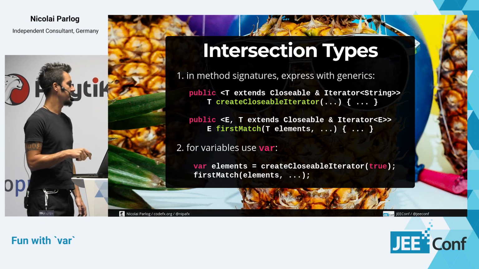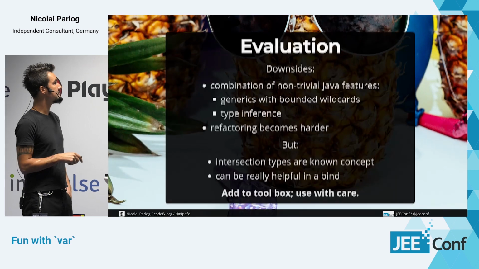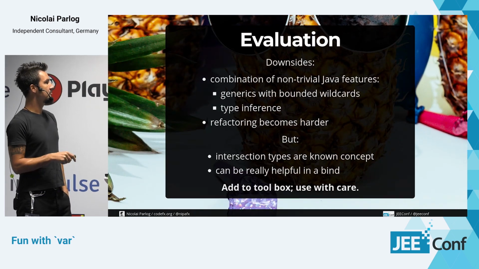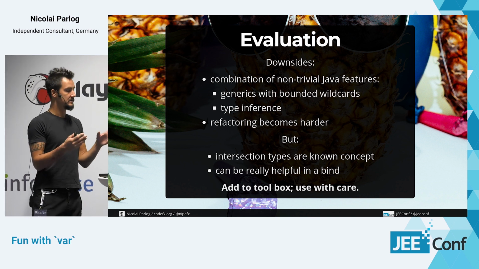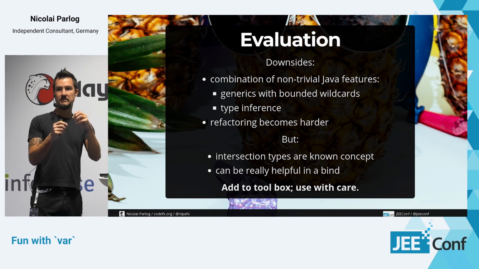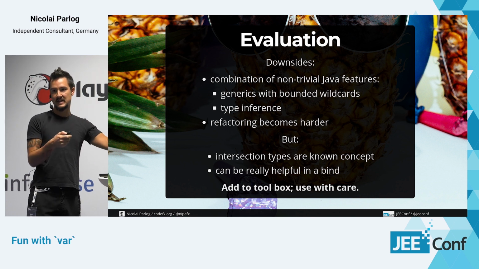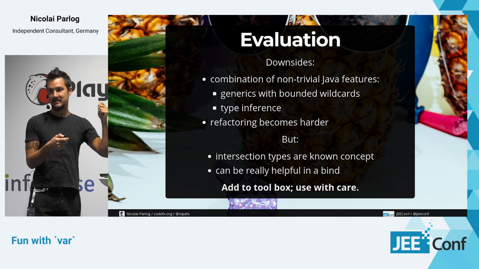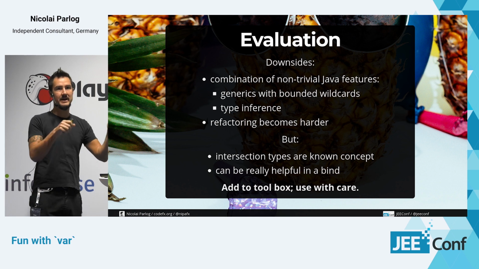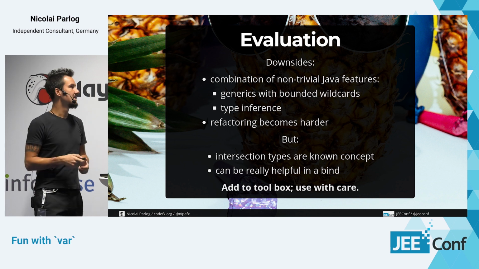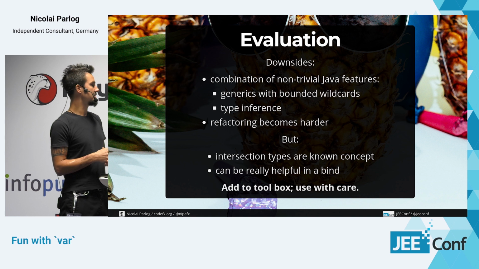And then you can use var to have variables of that type. As I said, it combines some non-trivial language features, and refactoring becomes a little bit harder, because if you pull a method out, you're stuck with a situation where you want to return a variable that has this type information, and IntelliJ will not infer that. It will infer a concrete type, and then things fall apart. Then you have to go back in and add all of this generic stuff again. So that's not ideal.